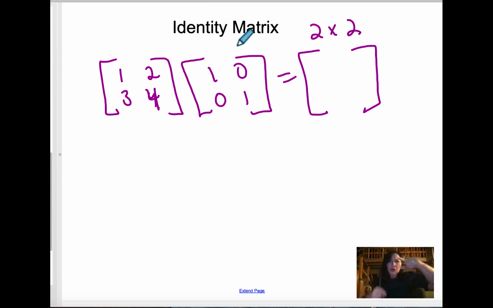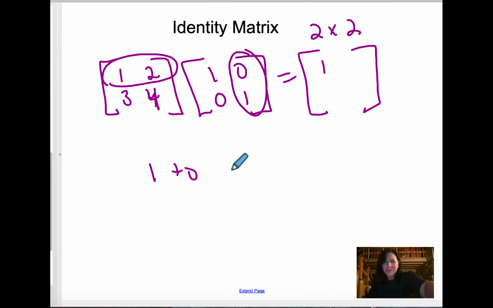Again, you multiply row 1 by column 1. So 1 times 1 is 1 plus 2 times 0, which is 0, so 1 plus 0 is 1. Then going across for this spot, 1 times 0 is 0 plus 2 times 1, which is 2. So this number is 2.